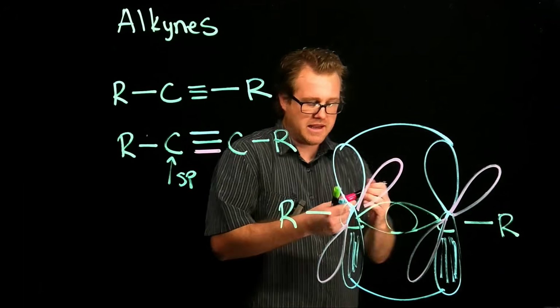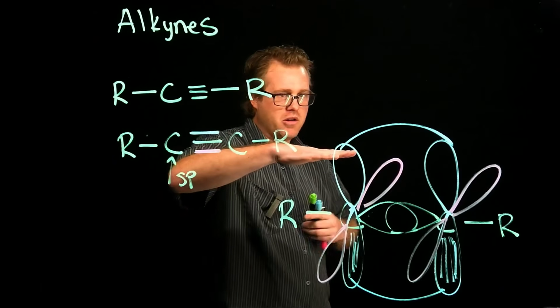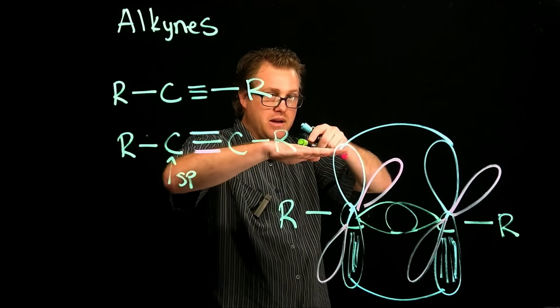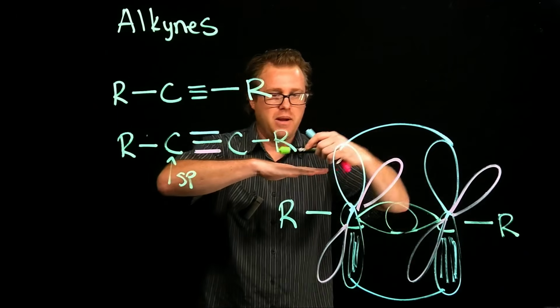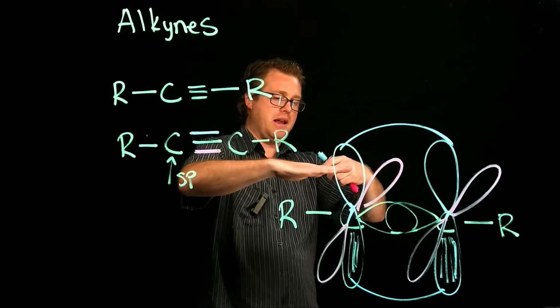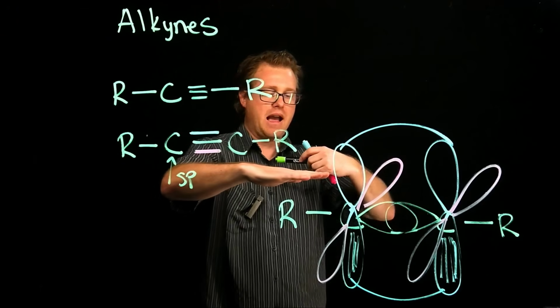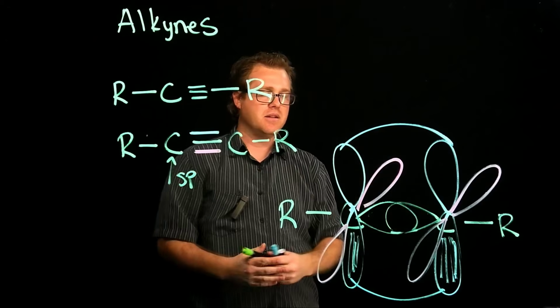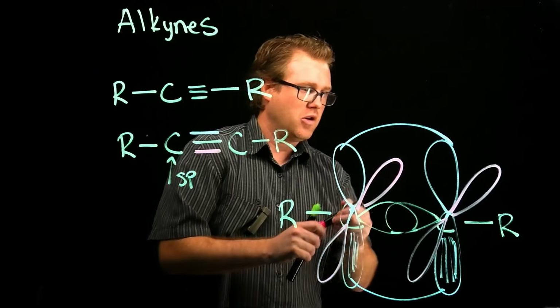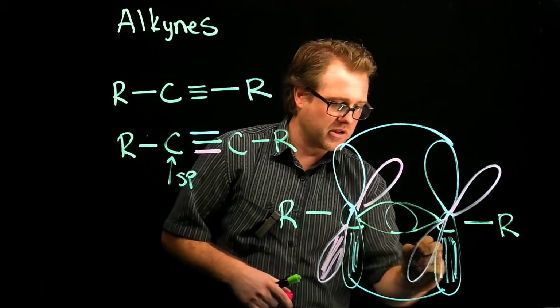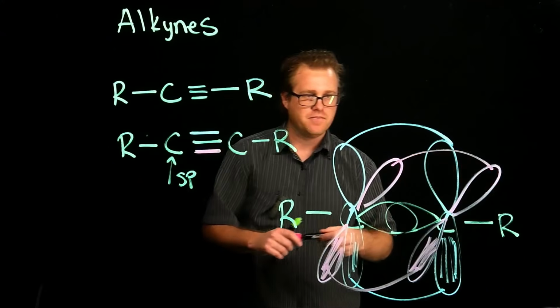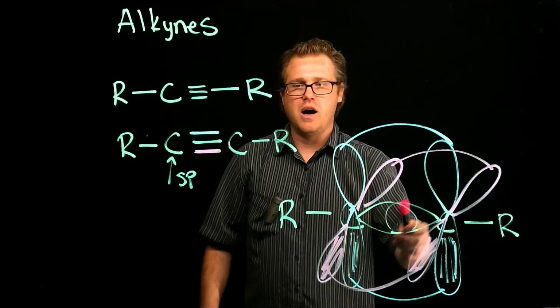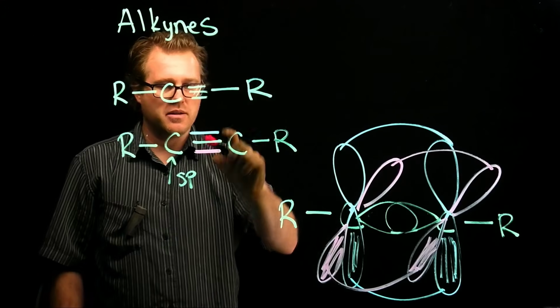If my hand represents the green molecule, the blue is above and below, but the pink is going to be out of the glass and into the glass. Those also have phases, and there's going to be overlap right there. And that's going to cause us to have a triple bond.